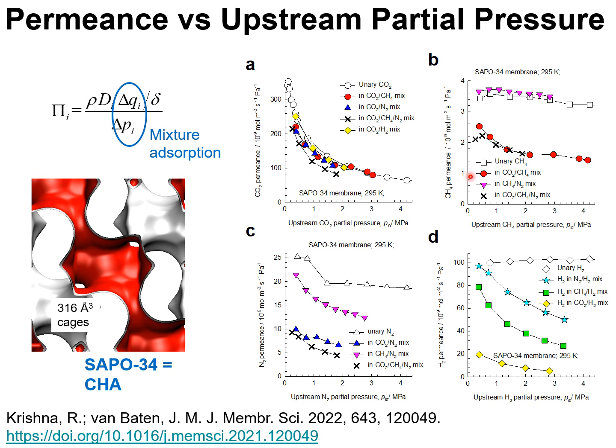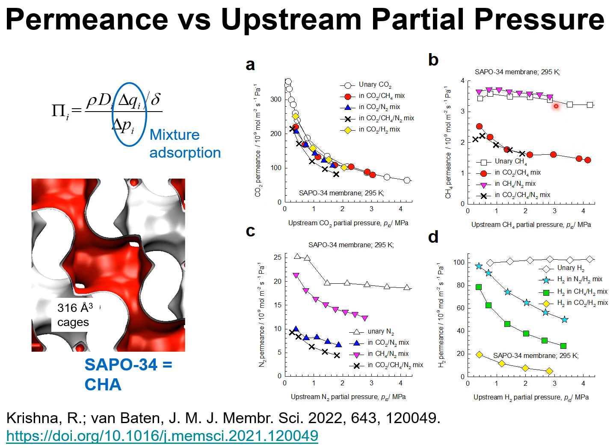The situation with regard to methane, nitrogen, and hydrogen is different because their permeances depend on the partner species. For example, here we have the unary permeance of methane shown by the open square symbols, and the red circles are the component permeance of methane in a mixture with CO2. There is a significant reduction in the methane permeance in the mixture compared to the unary permeance because of mixture adsorption equilibrium, but that can be determined from the IAST.